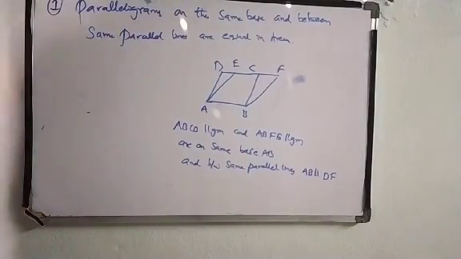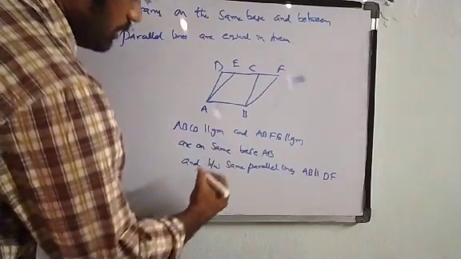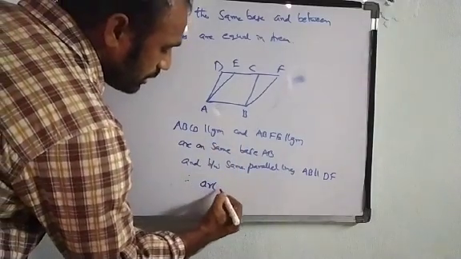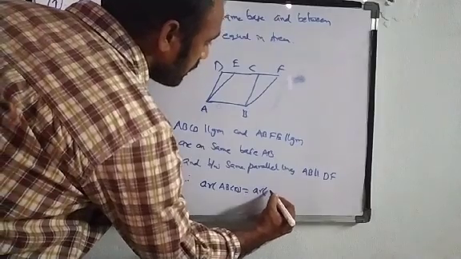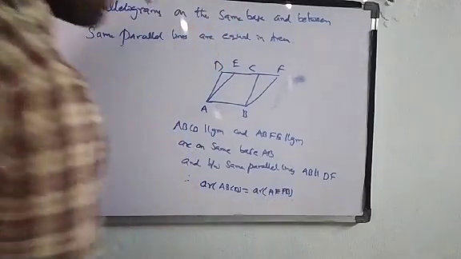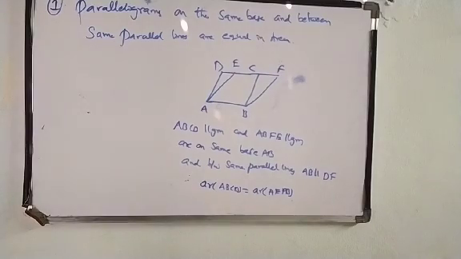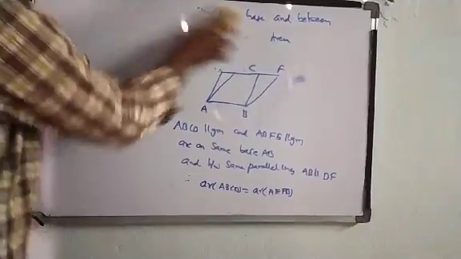So they have the same base and are between the same parallel lines. Then we can say that area of ABCD is equal to area of AEFB. So this is the theorem statement. Next, let us start doing exercise 9.2.